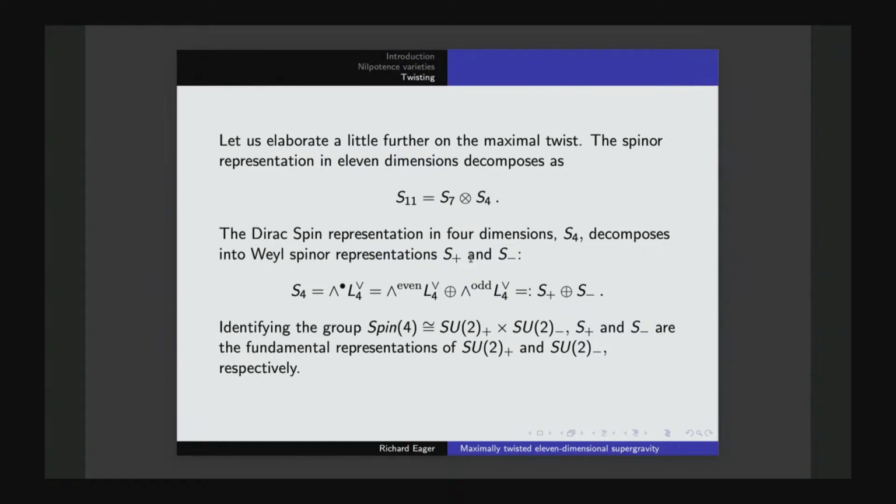The spinor representation in 11 dimensions decomposes as a tensor product of 7-dimensional and 4-dimensional spinor representations. And we can further write them out in terms of a Lagrangian subspace in 4 dimensions.